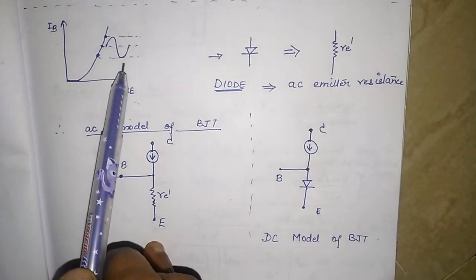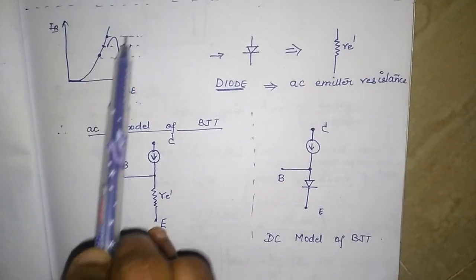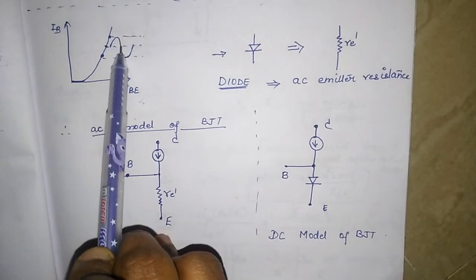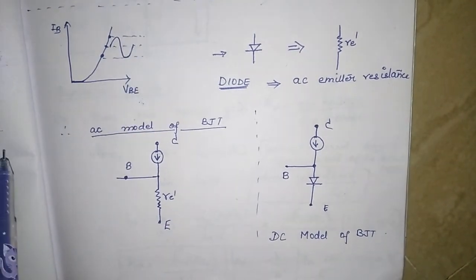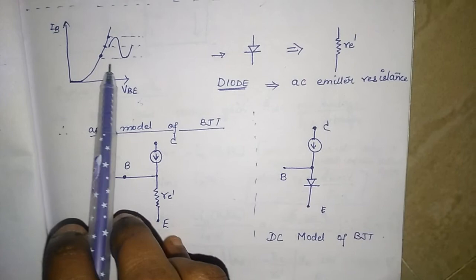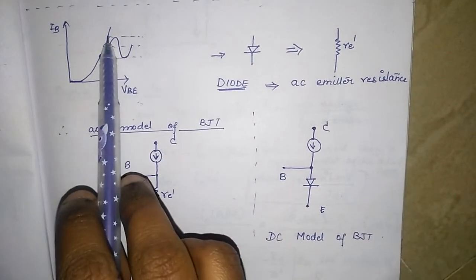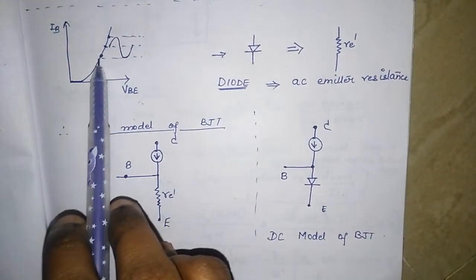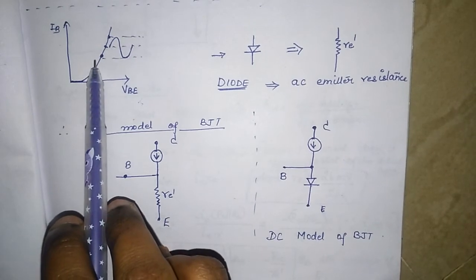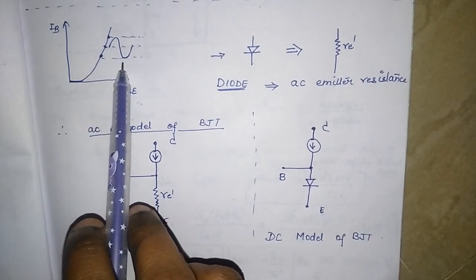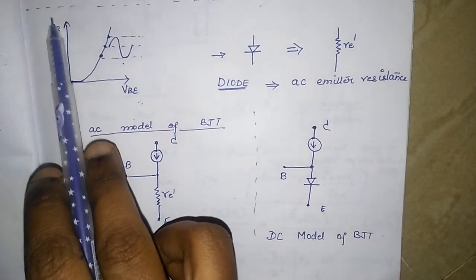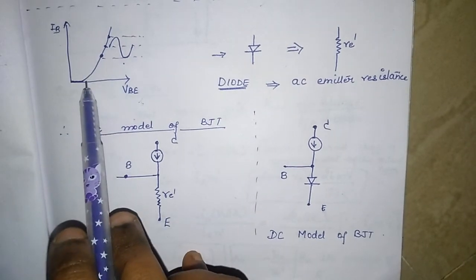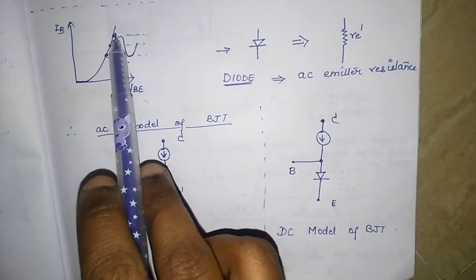Depending on the Q point that is set, the signal that you are applying is in the order of millivolts. Since the voltage is in millivolts, the variation in current will also be very small. The base current will not be varying throughout this graph.